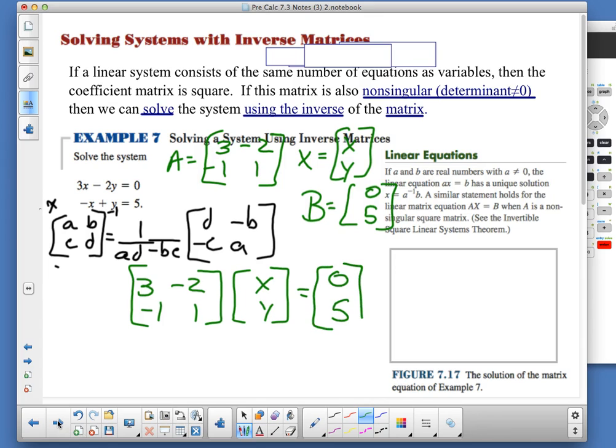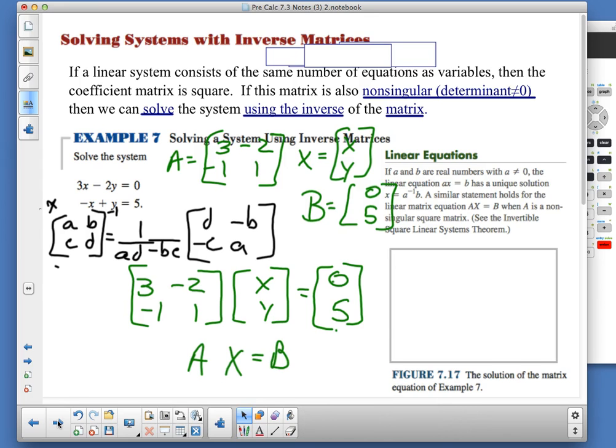I just took those two equations and transferred them into matrix A, matrix X, and matrix B. So matrix A times matrix X gives 3x minus 2y equals 0 for my situation. This is AX equals B.